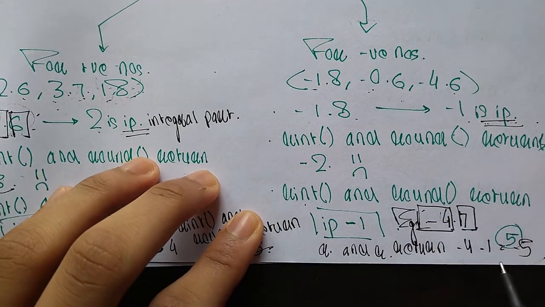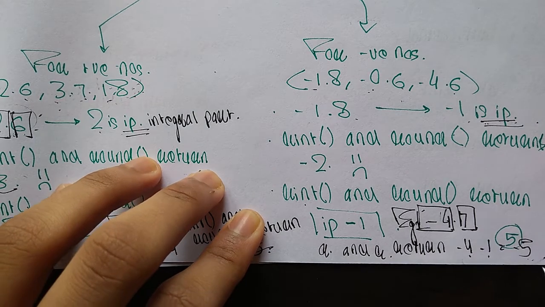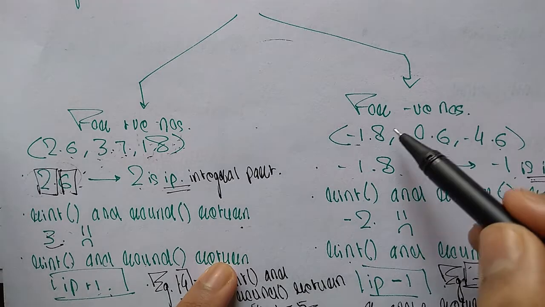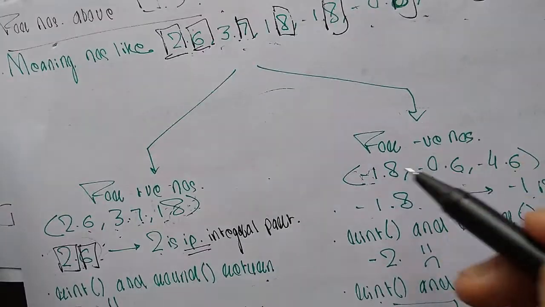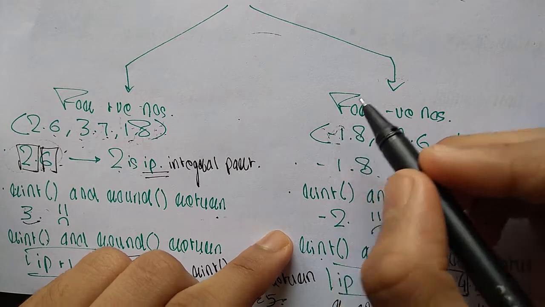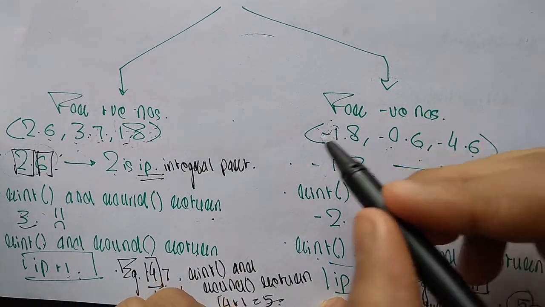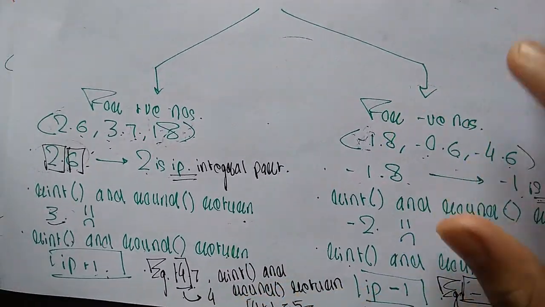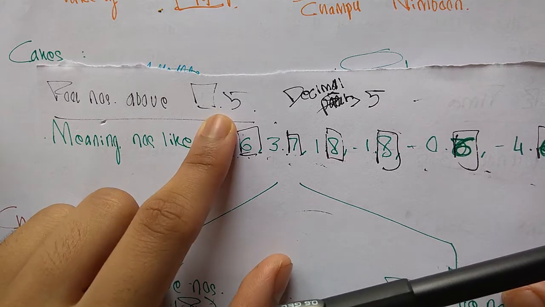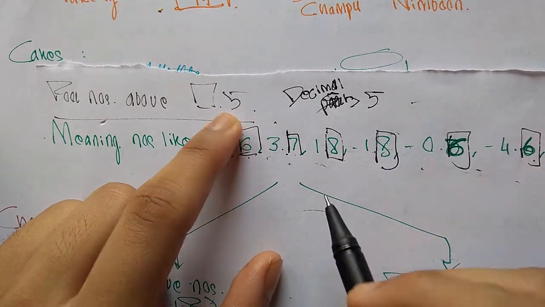Basic algebra. So what did I do here? I'm actually subtracting 1, to be more mathematically precise, from the integral part. And for positive numbers I am adding 1 to the integral part to get the answer. So this is for numbers above 0.5, like these.